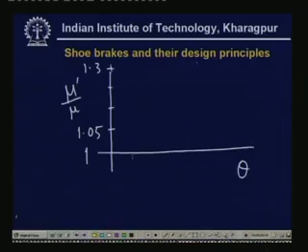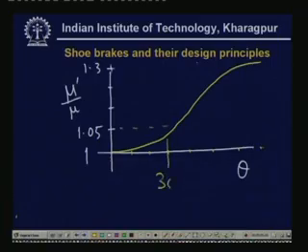So it goes somewhat like this, and what we see here is that for theta less than 30 degrees, this factor is less than 1.05.